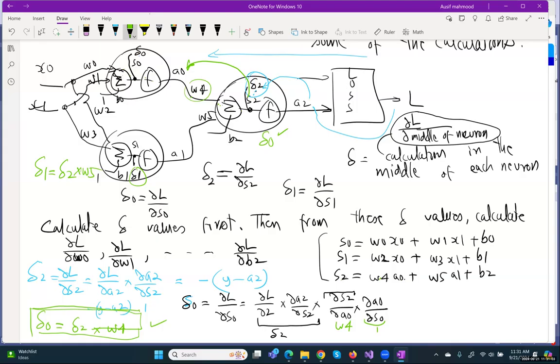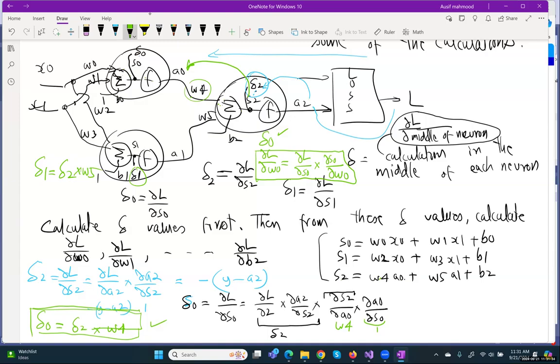From here, can we calculate partial L over partial W0? If I write it, won't it be partial L over partial S0 times partial S0 over partial W0? See if you agree with this conclusion.